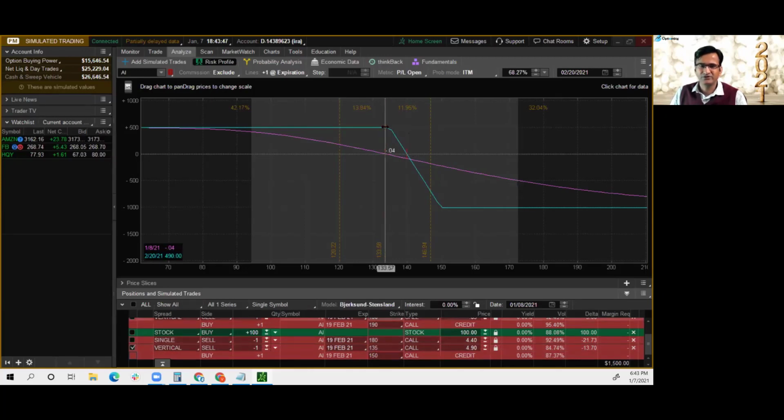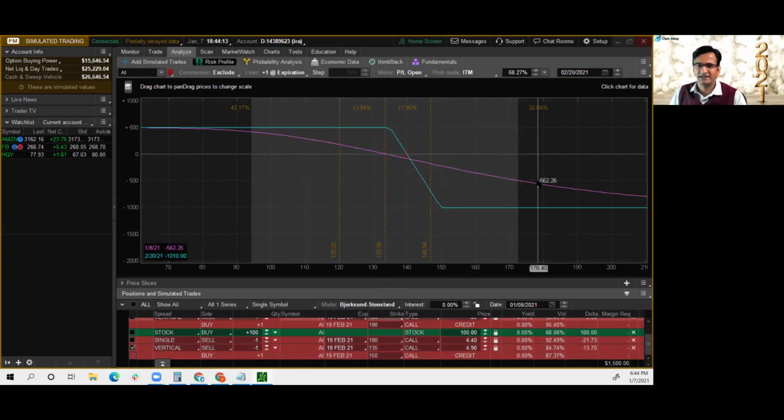You will have to buy from the market at 180 if you don't have the shares and sell it at 135. But then you will also exercise this call, which will allow you to buy, instead of at 180, at 150 and deliver it at 135. That's why your maximum loss is limited to the width of the spread, which is $15.